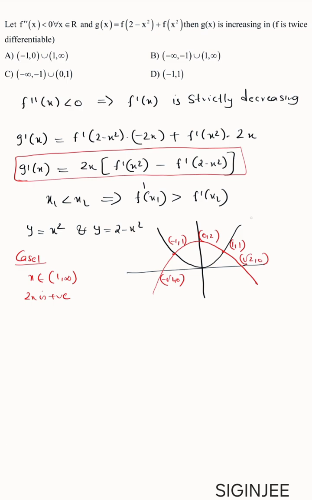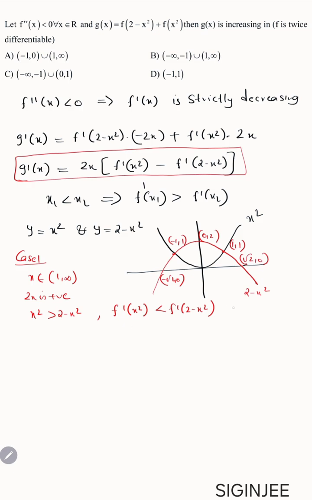Which is larger, x² or 2 - x²? x² is larger than 2 - x². So if I apply f', the sign of the inequality will change, and f'(x²) is less than f'(2 - x²).